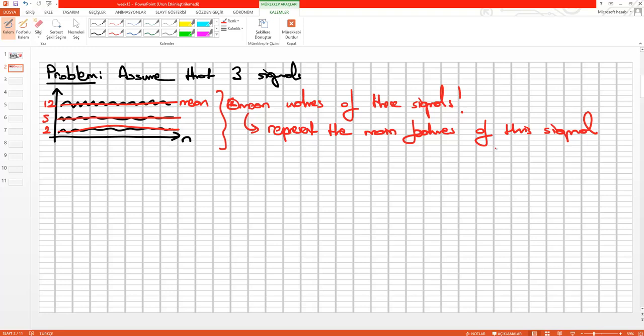So how can we find this kind of main components for a given signal, for a given input? This is our problem, because we know that every signal has a part of the main components and the other unwanted components. Just simple as that, right?